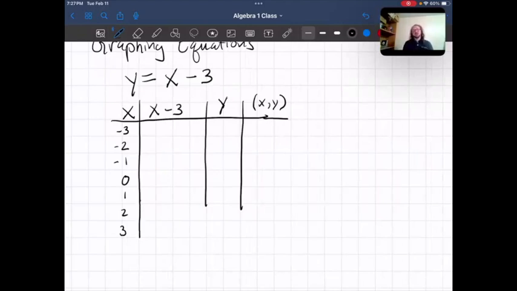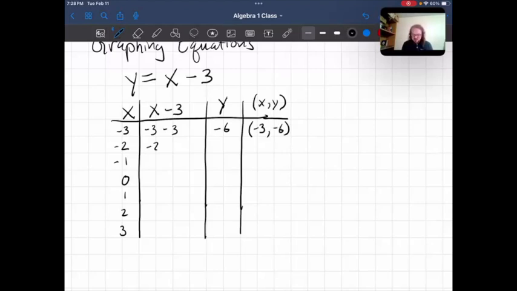So now I'm going to plug x in to the next column. So I'd have something like minus 3, minus 3. And I'm just going to solve from left to right. So negative 3 minus 3 is negative 6. So I know that one of the points where y is 3 less than x is negative 3, negative 6.